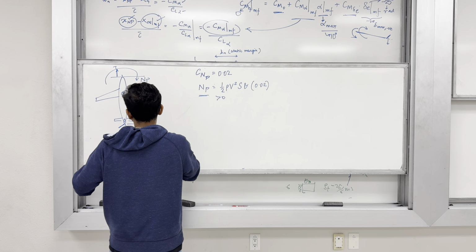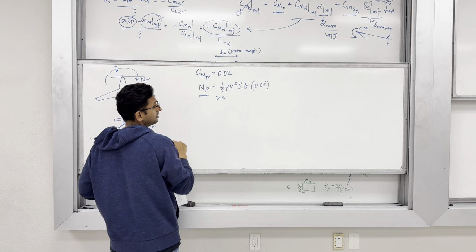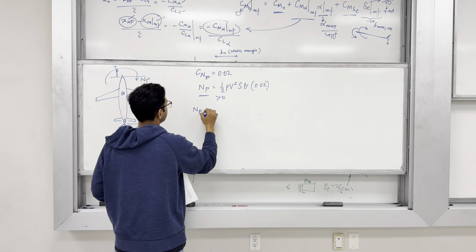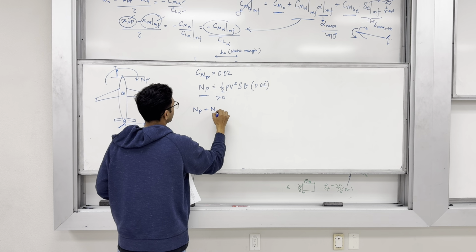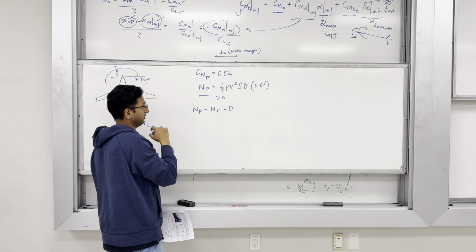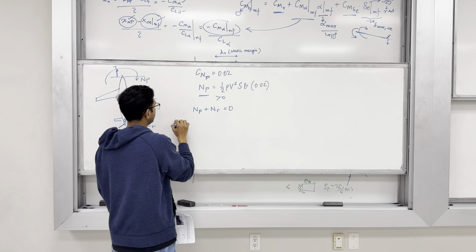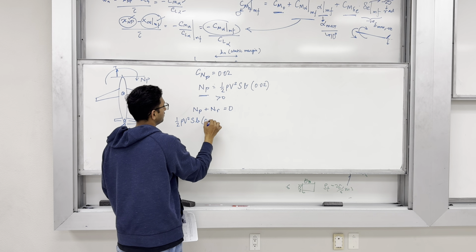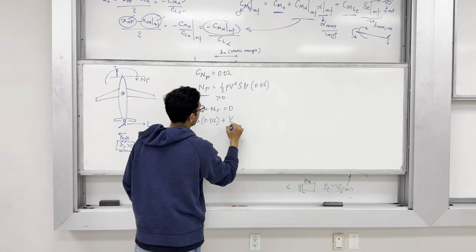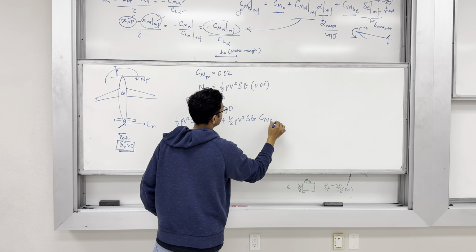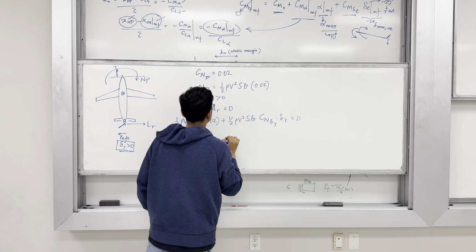Now, I will go and write down the moment balance for yaw, which means that moment due to propeller plus moment due to rudder is going to be 0, no yawing, equilibrium. Go ahead and write this: half rho v square S b times 0.02, plus the same half rho v square S b times C n delta r times delta r equals 0.